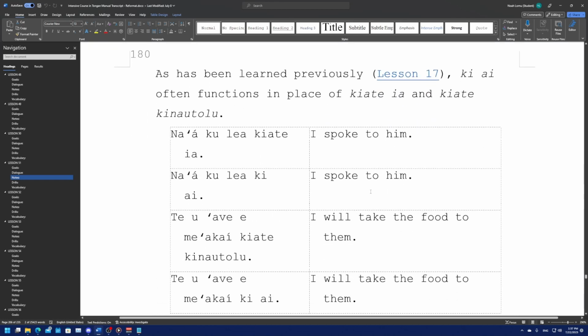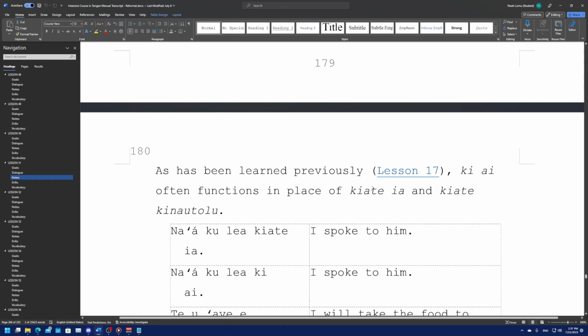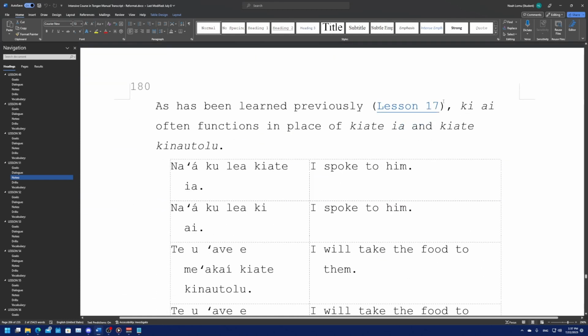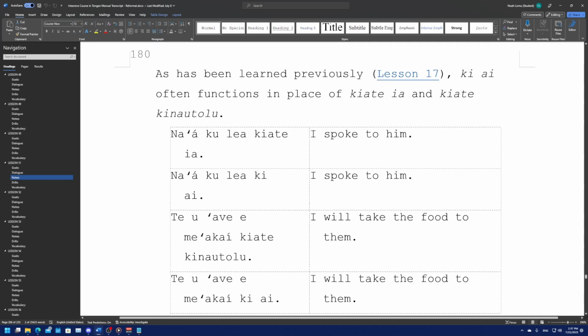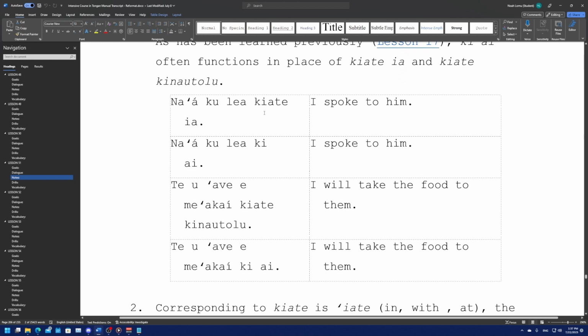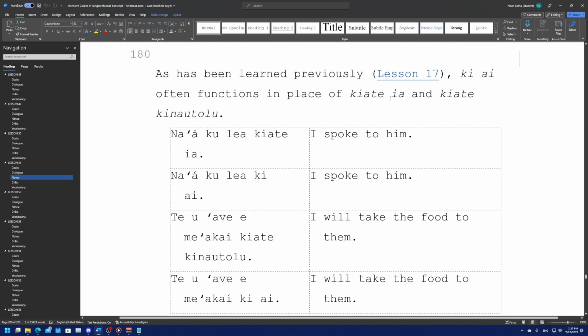Okay, so here we're also learning kiai. Or we've learned kiai, but here we see that it can also replace kiateia and kiatekinatolu. So these are both third person pronouns, but whether it's singular or plural, you can replace both with kiai.